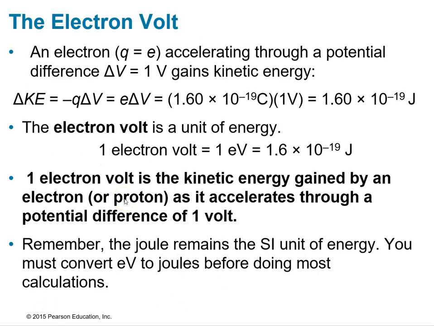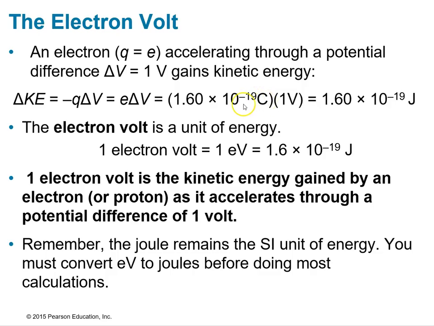I just want to briefly introduce another unit of energy that you'll sometimes encounter, and it is the electron volt, or eV. It's abbreviated with a lowercase e and an uppercase V for volt. So an electron volt is a unit of energy. It's not a unit of potential. It's found by multiplying the charge on an electron, which is the fundamental charge, times the potential.